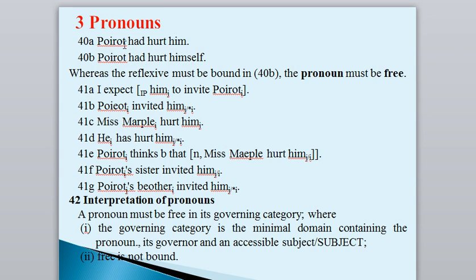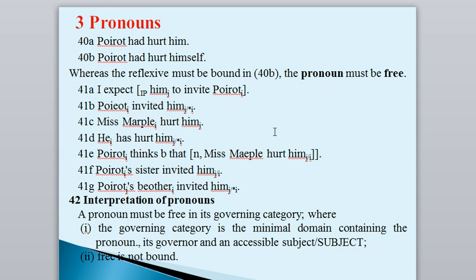But in the first one, we cannot co-index Poirot with him because a pronoun in its domain should be free. It means that here Poirot and him are not the same person, because him cannot refer back to Poirot as a pronoun. Whereas the reflexive himself must be bound by the antecedent, the pronoun him must be free. So this is Principle B of binding theory, which talks about the pronouns.